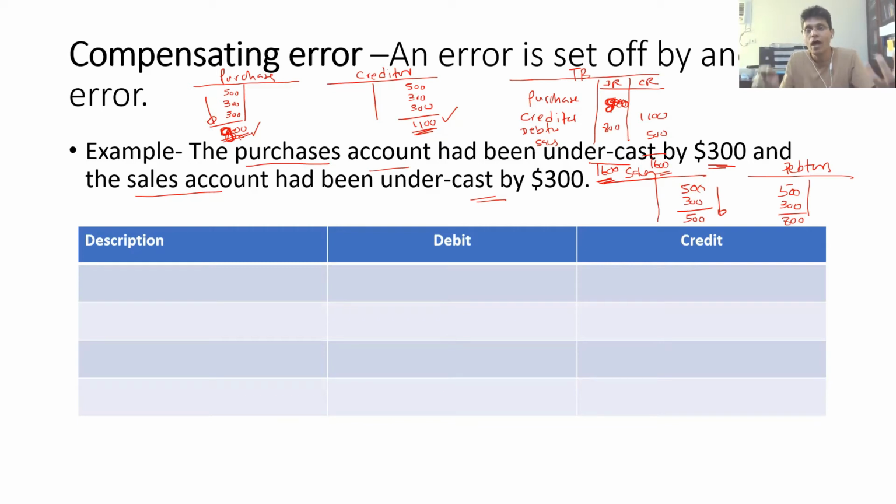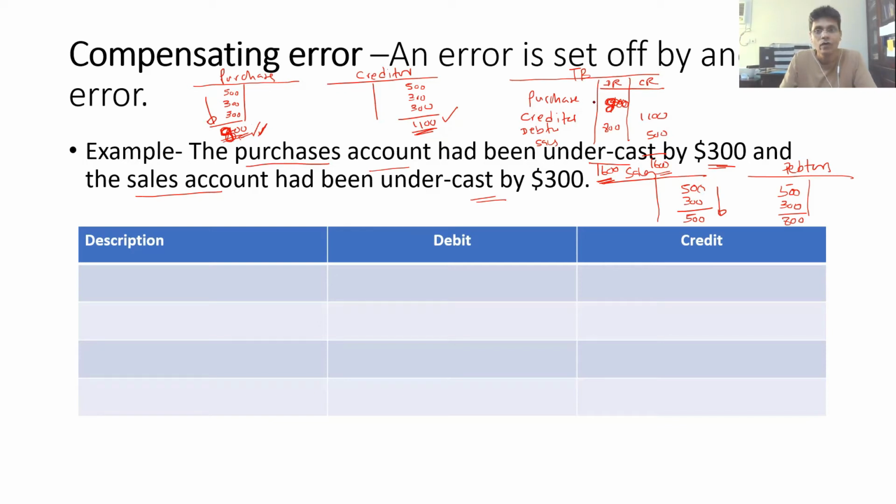However, you have done two errors, equal errors. What is the error you have made? The accountant, when he takes the purchaser's account, instead of taking 1100, he took 800. He took only 800. It was undercast by 300.